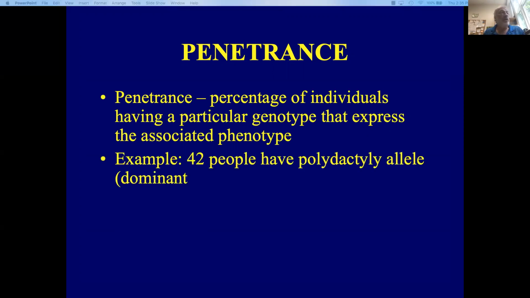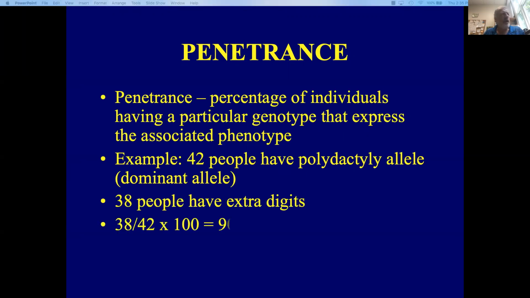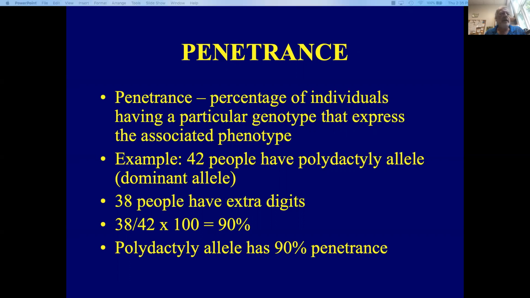So in an example, we have 42 people that have the polydactyly allele. That would be an allele for having extra digits, fingers or toes. It's a dominant allele. Yet only 38 of these people actually have the extra digits. So we calculate a percentage, 38 divided by 42 times 100, 90%. So we say that the polydactyly allele has 90% penetrance.